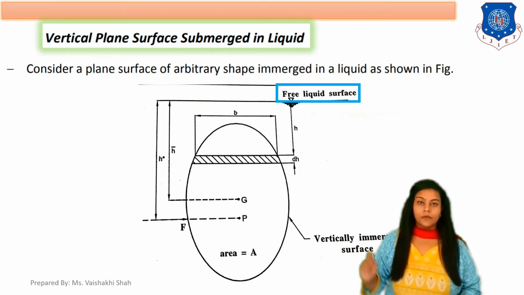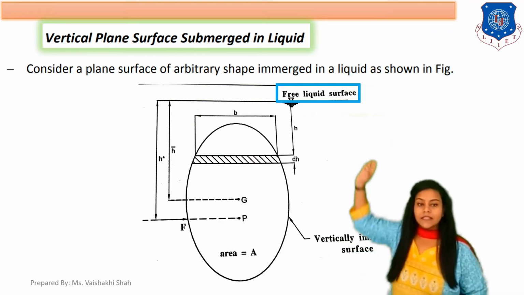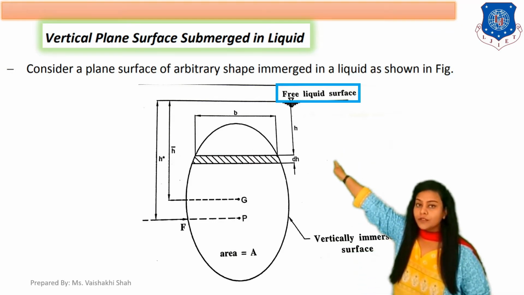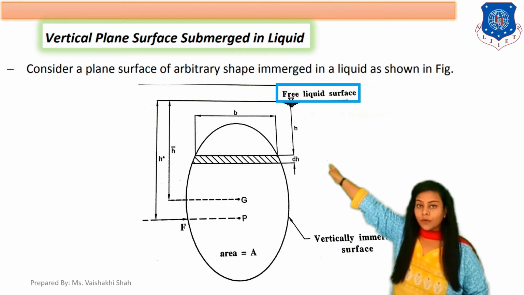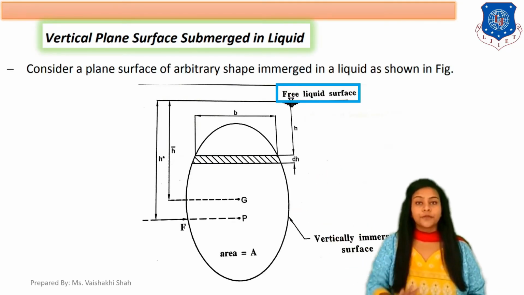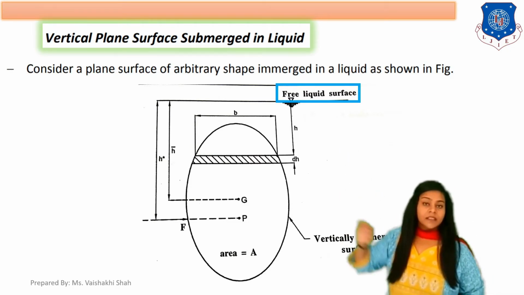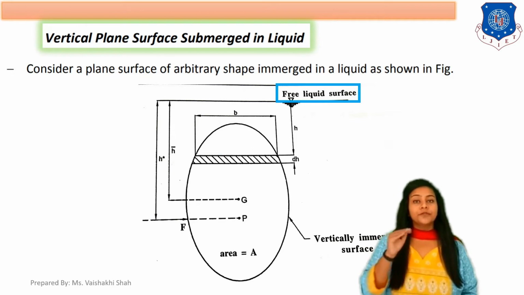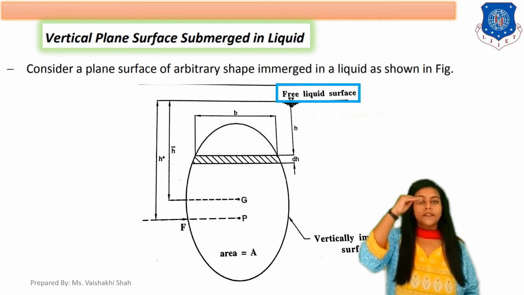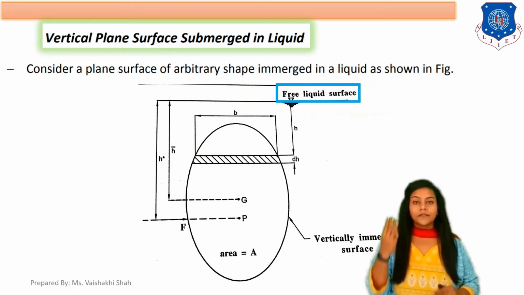Okay. Now here we are considering a small strip. As you can see, here we are considering a small strip of width b, and the distance between strip to free surface of the liquid is small h. So here there are 3 distances, h, h bar and h star.